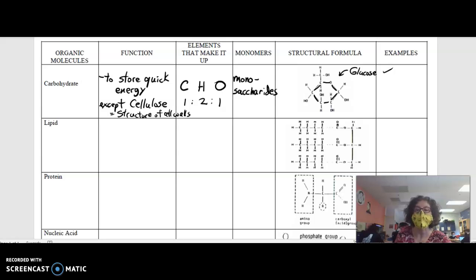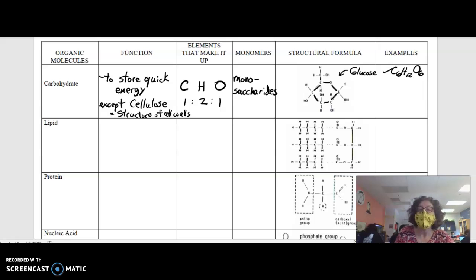You can see that. And then there's another carbon atom sticking up. And if you actually were to count the carbons and hydrogens and oxygens in this molecule, you would find 6 carbons, 12 hydrogens, and 6 oxygens, a ratio of 1 to 2 to 1 in this very small, simple sugar.